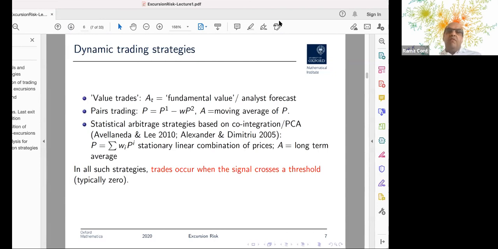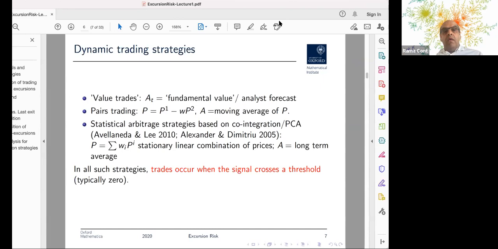And so if you can estimate the mean in some way, for example, by looking at the long-term average of this combination, then the mean can be a forecast of the long-term behavior. So this is the principle behind pairs trading. You find a combination which is supposed to oscillate around zero, and then you bet on the fact that it's going to come back to zero periodically.